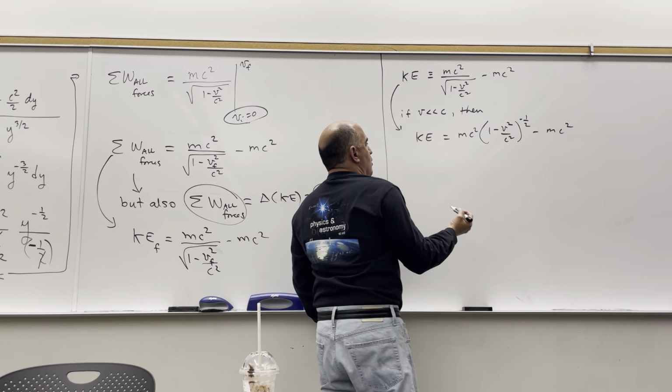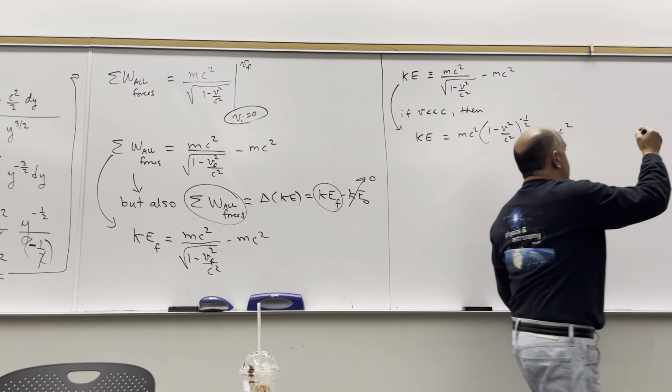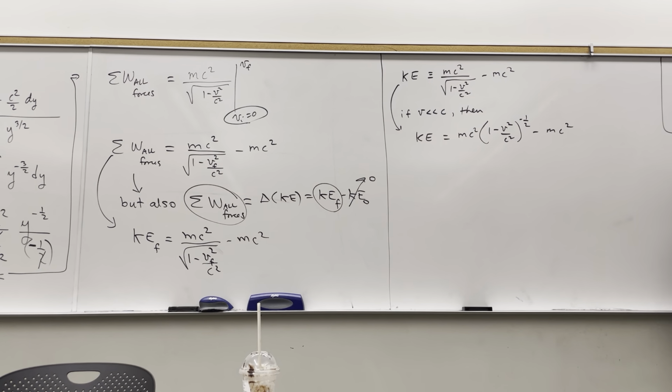So from math, you learn that if you have 1 plus or minus a small number x raised to the nth power, and that small number is much less than 1, then this expression approximates to 1 plus nx plus n(n minus 1)x squared over 2 factorial plus n(n minus 1)(n minus 2)x cubed over 3 factorial, and so on. That's the binomial expansion.